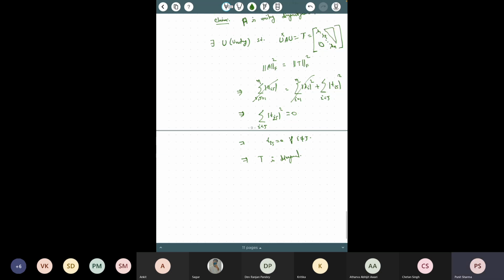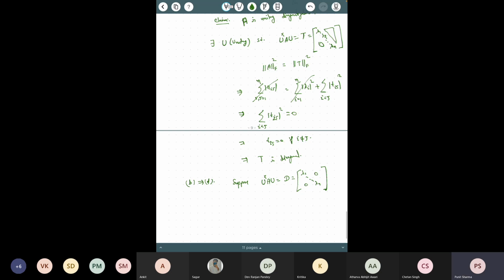Now B implies D. So suppose that A is unitarily diagonalizable. That means suppose U star A U is diagonal, and the diagonal matrix is given by this. These are the eigenvalues of A. What we have to show?